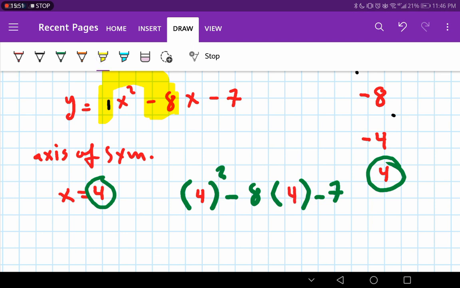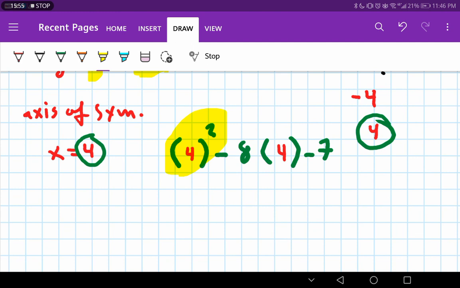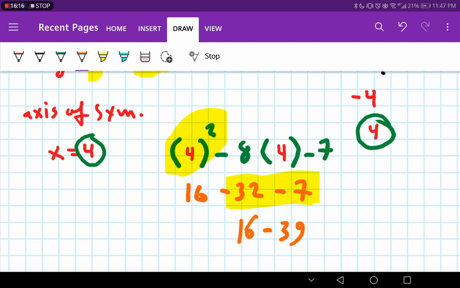I finish this, it gives 16. And this gives 32, and this gives 7. So I add the negative numbers all of the time. It gives negative 39, and here I have 16, actually positive.